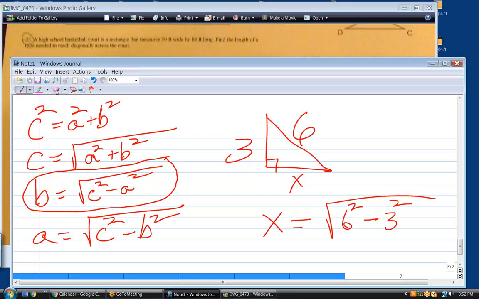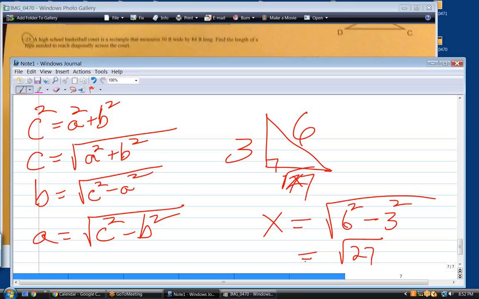See? Okay. So this becomes square root of 36 minus 9, square root of 27 is what that is.